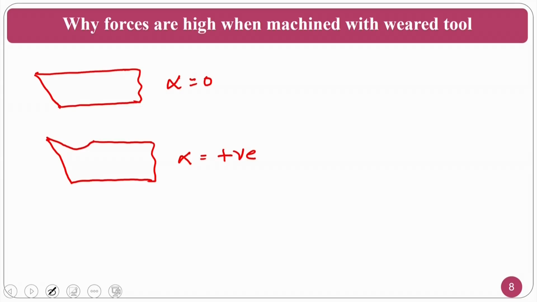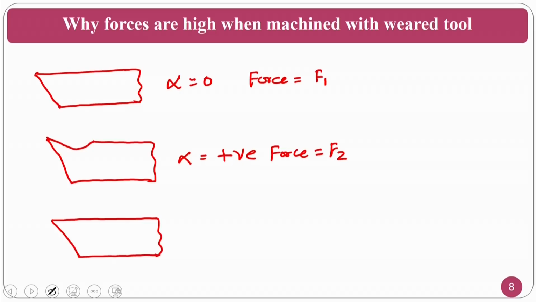Normally here the force equals F1, here the force equals F2. Now if I take a zero rake tool with crater wear, the crater depth is what we measure. In that circumstance, it looks like a positive rake tool. Here the force is F3.